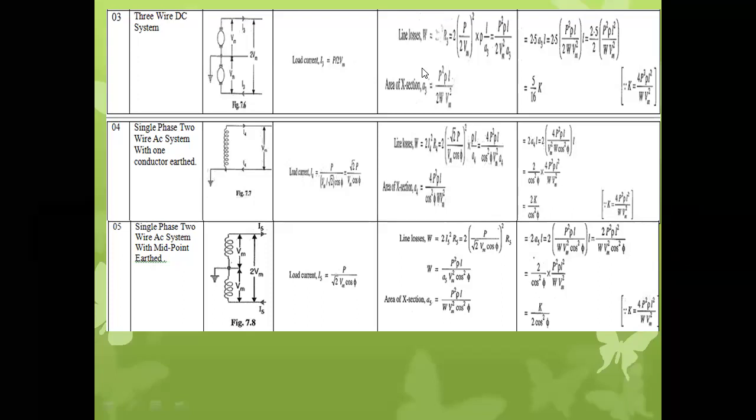Roll number 18, yes, tell me. Am I audible? Roll number 16. Roll number 15.